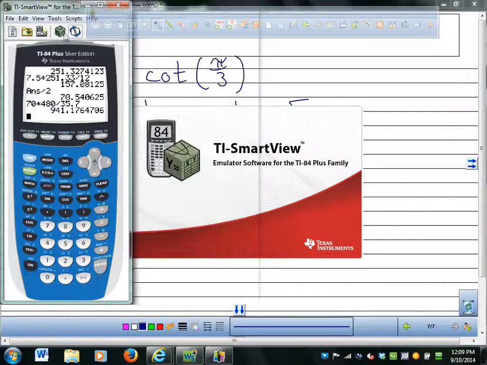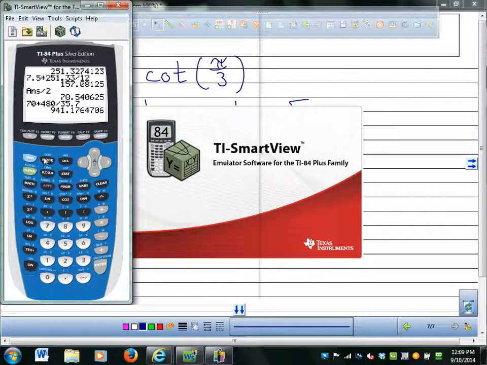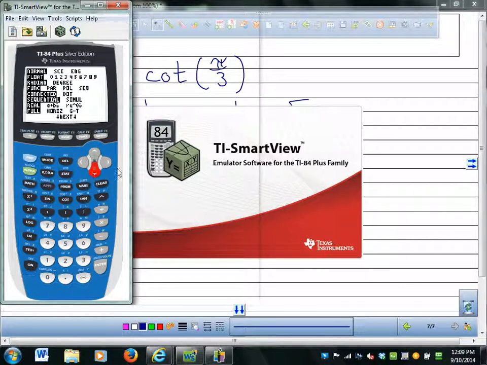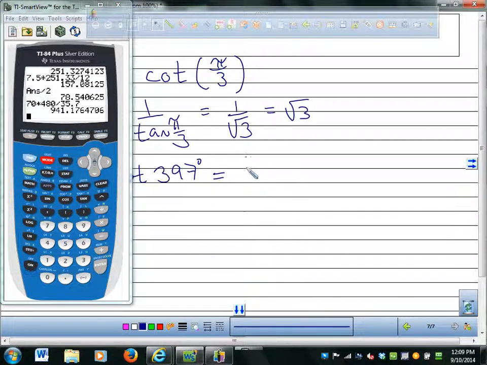So you want to go to mode and make sure you have degrees selected if the problem calls for degrees. Okay, and then you would just go second quit, and you would do 1 over the tangent of 397 degrees.